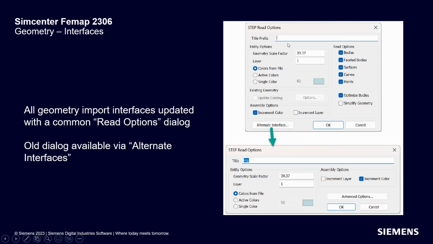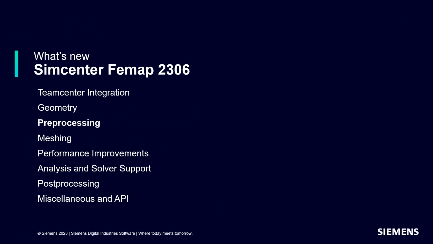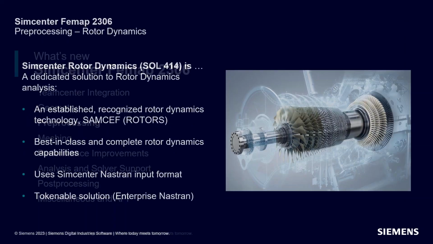It should give you the same type of read options for everything now. Obviously, it'll adjust the different options for different file formats, and then you can access the old options via the alternate interface button.